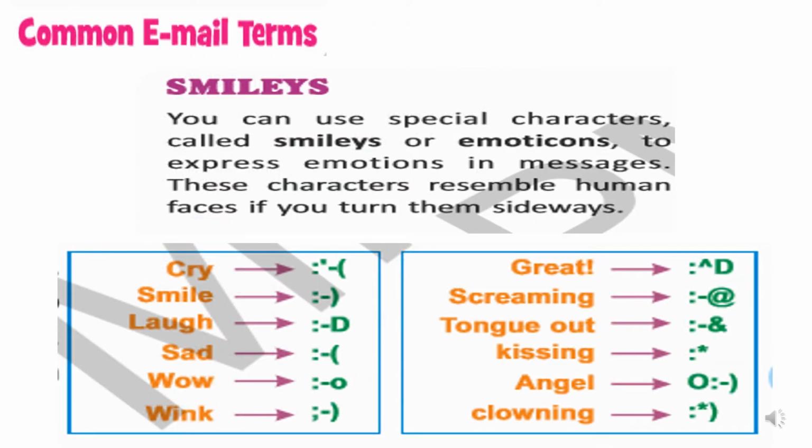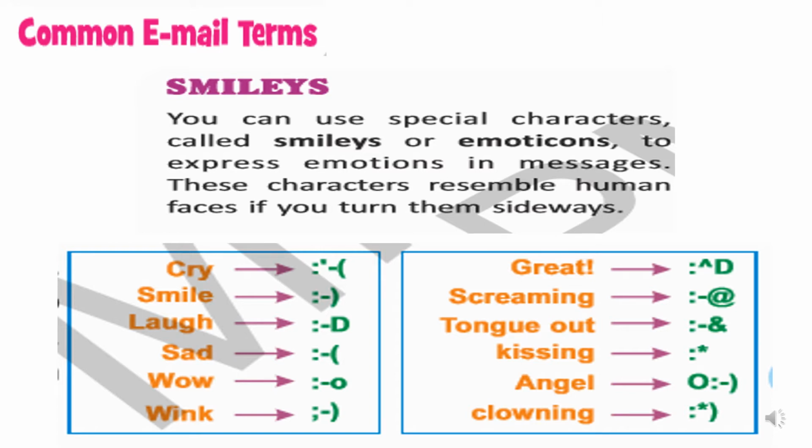Now children, let us discuss a few common email terms. First of all, we have smileys. Smileys are combinations of special characters which create a few symbols, like the emoticon icons you have seen on your mobile phones or computers. Those icons we can create by the combination of characters that you can see on your screen.